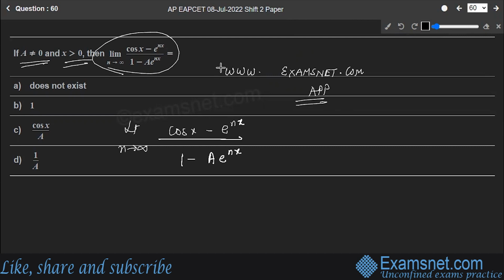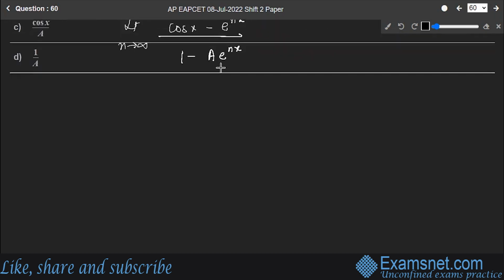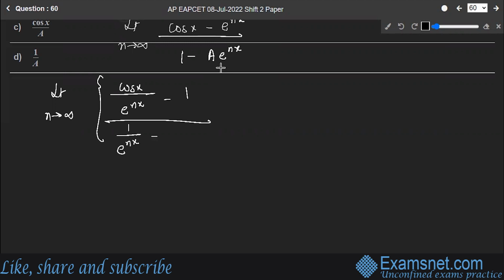Okay. Now what I'll do, I'll divide the numerator and the denominator by e raised to power nx. Let's go. So this makes limit n approaching infinity of cos x upon e raised to power nx minus 1, upon e raised to power nx minus a.